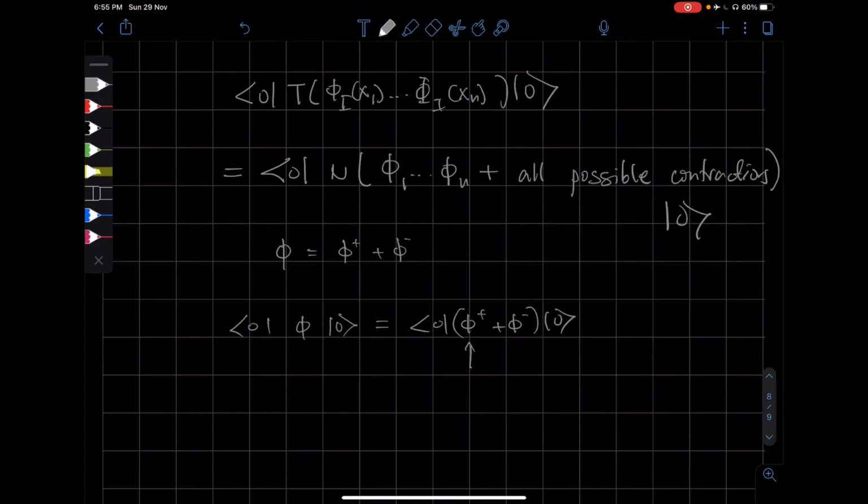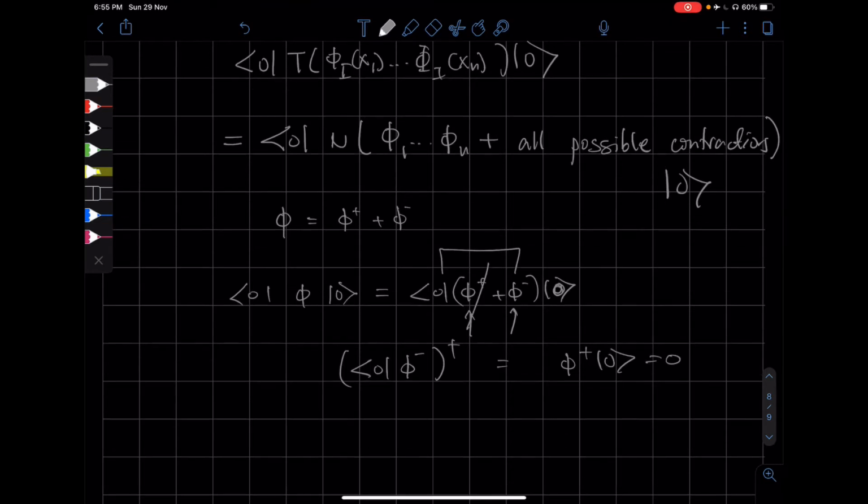So this thing applying on this vacuum will give me 0, and this thing has a creation operator, so this guy acting on this thing will give me 0, because if you remember, if I take the Hermitian conjugate, this is nothing but this, and this is 0. So only the terms that have all the operators contracted here will survive.